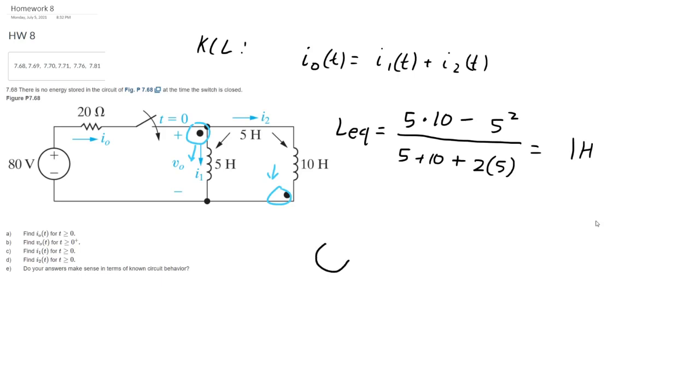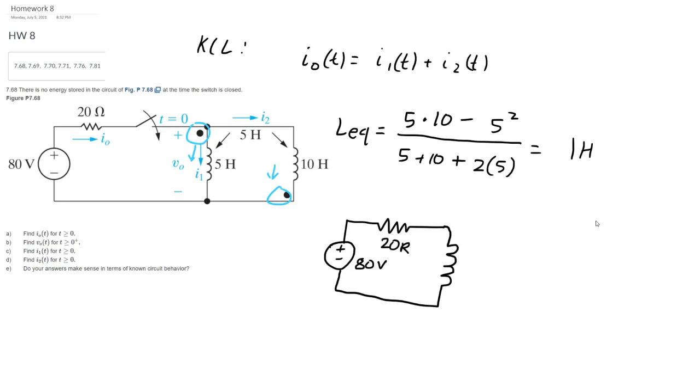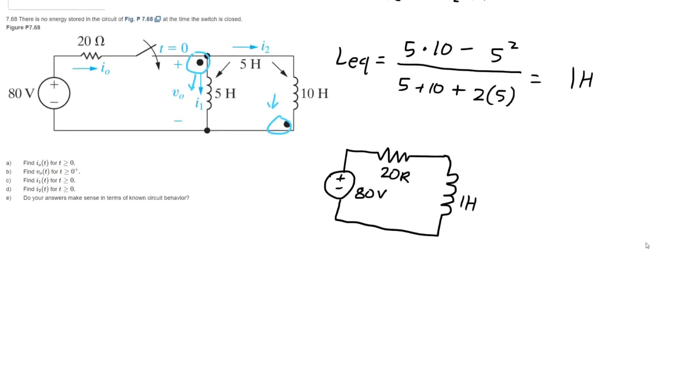We can redraw the circuit. This will be for time greater than 0, because the switch is closed. I'll say that's 80 volts, this is 20 ohms, and this is 1 henry. Excuse that being a little lopsided, but you get what I'm doing.